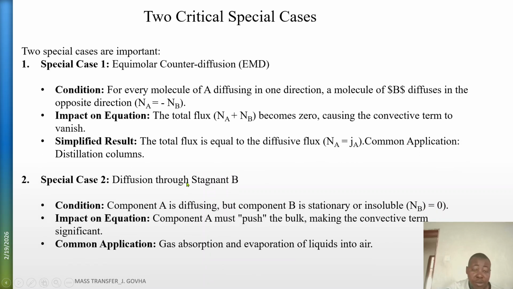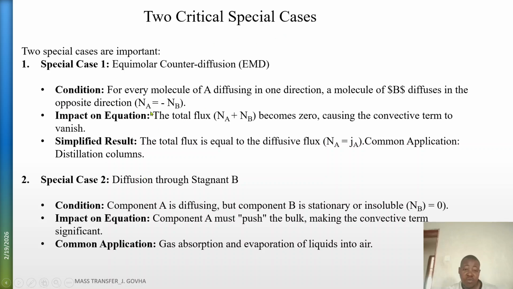So two critical special cases come into play where we apply the general equation. Special case number one is equimolar counter diffusion, where for every molecule of A diffusing in one direction, a molecule of B diffuses in the opposite direction.